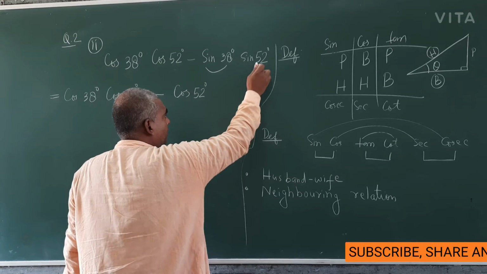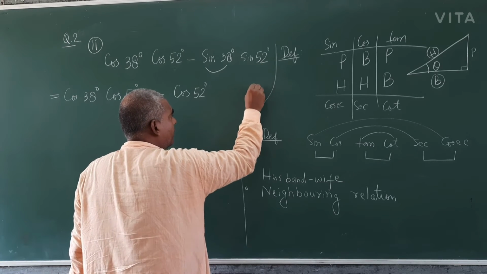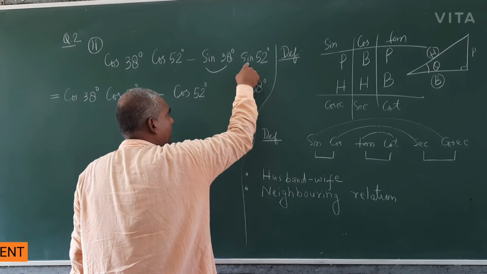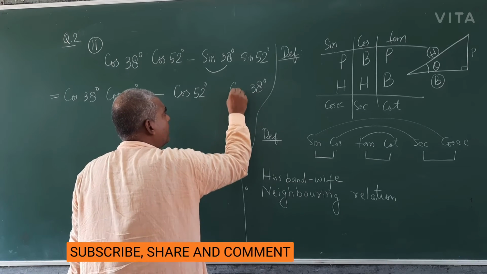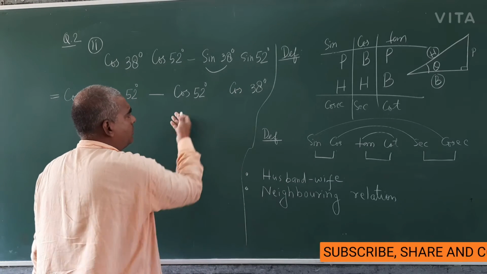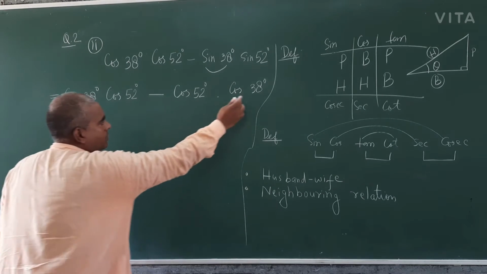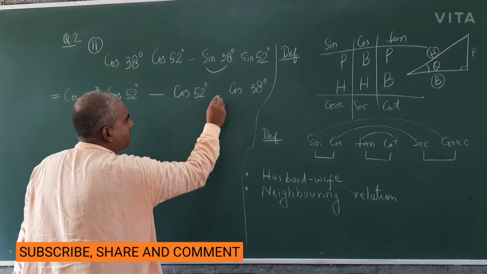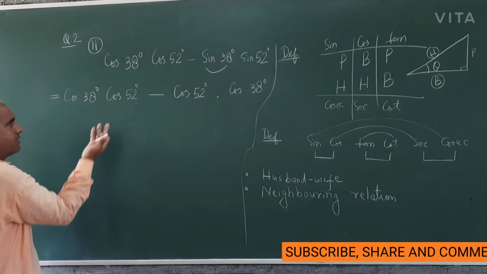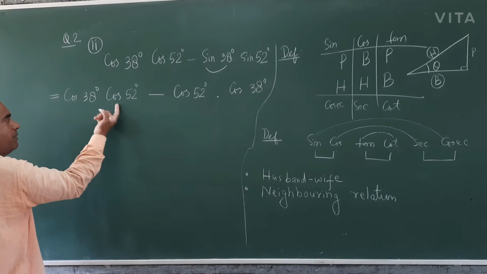Now change 52, the complementary is 38, and the neighboring of sine is cos. So you have changed it to cos 38 cos 52 cos 38. The sequence is changed, but the multiplications are the same, a into b, b into a.